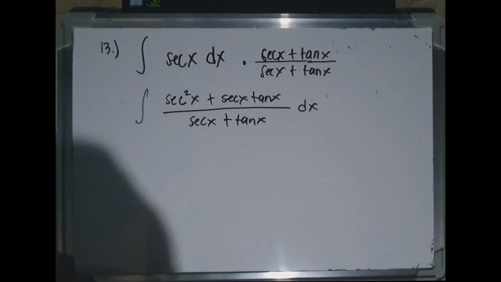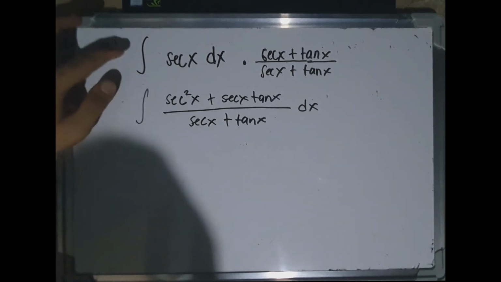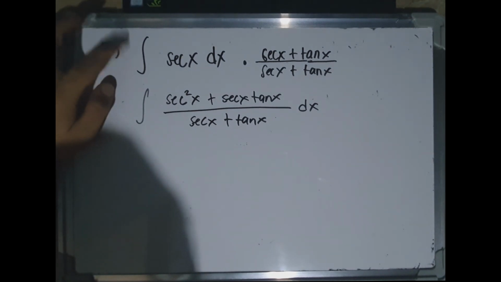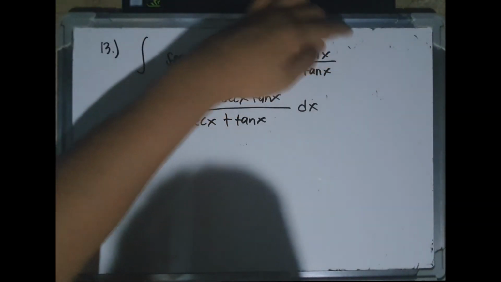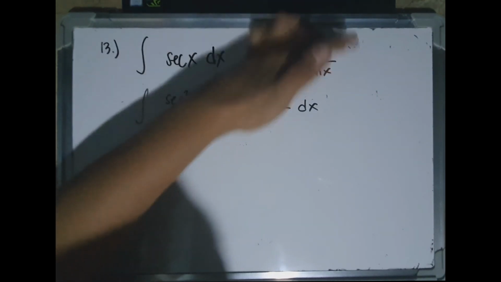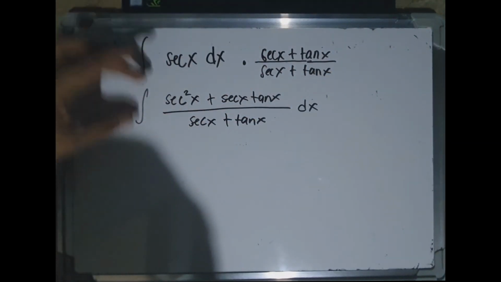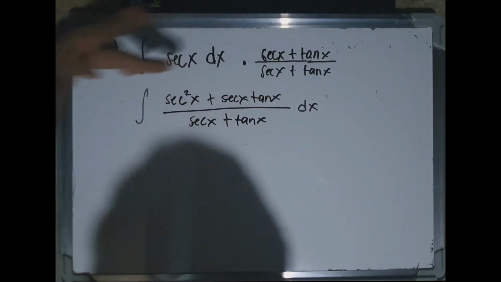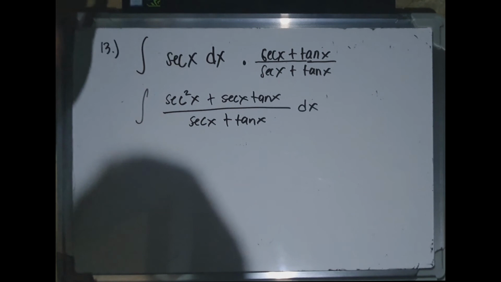So correcting, we will be multiplying still a value of 1 outside, but since this is a trigonometric function or an algebraic function that is not a numeral, it should be inside our integral symbol. So notice the 1 is multiplied inside the integral symbol.